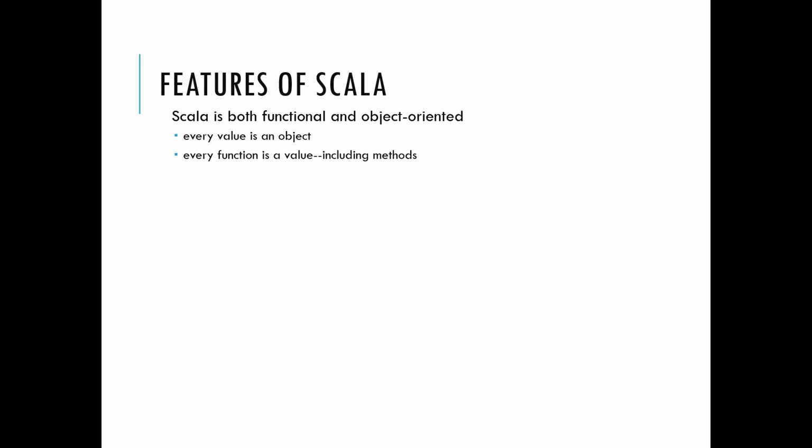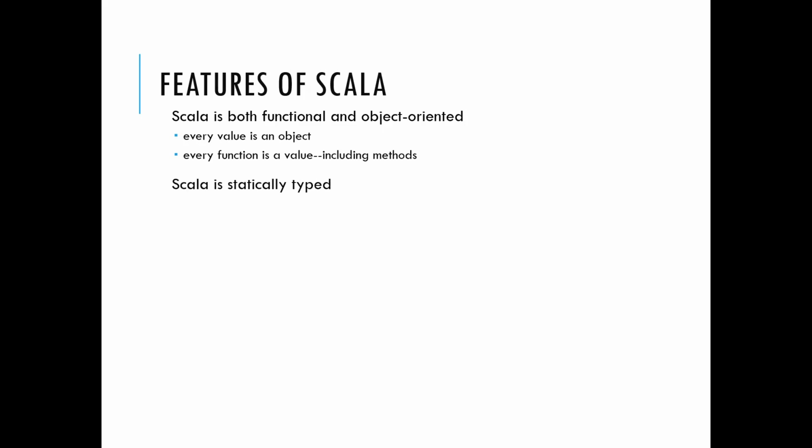Behavior: students study, students take tests. So these are the behavior. Behavior, in other words, is known as a method or function. So here, everything in Scala is treated as an object. So that's the first thing to understand.